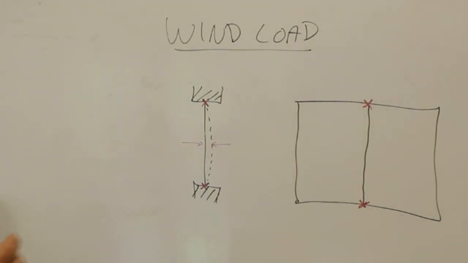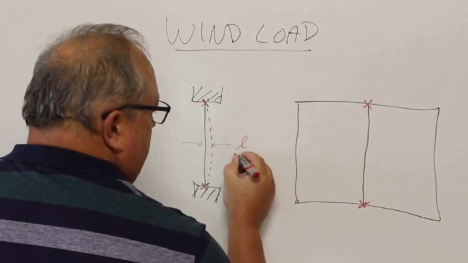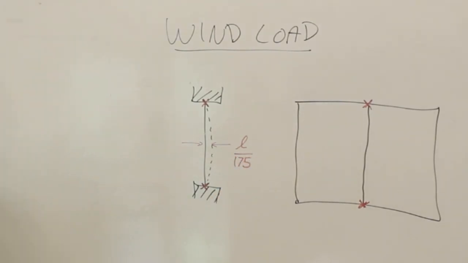The limit which the National Building Regulation sets is that this profile may not deflect or bend by more than the length of that profile divided by 175.